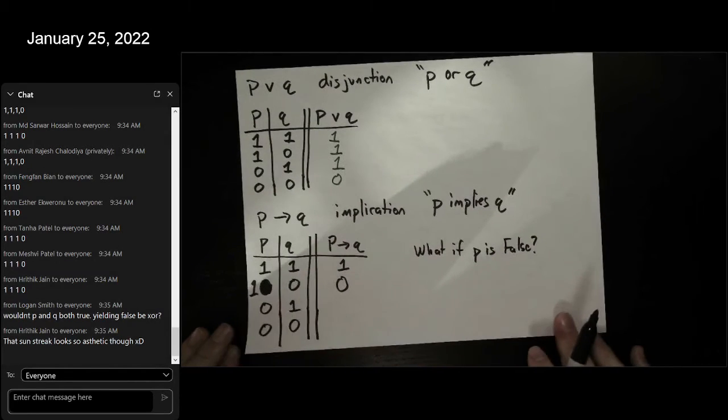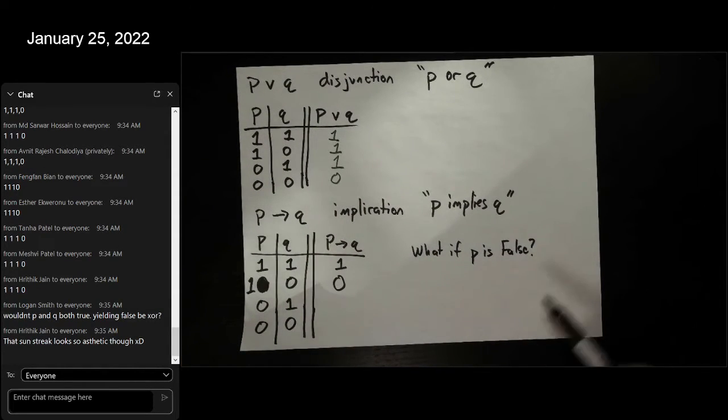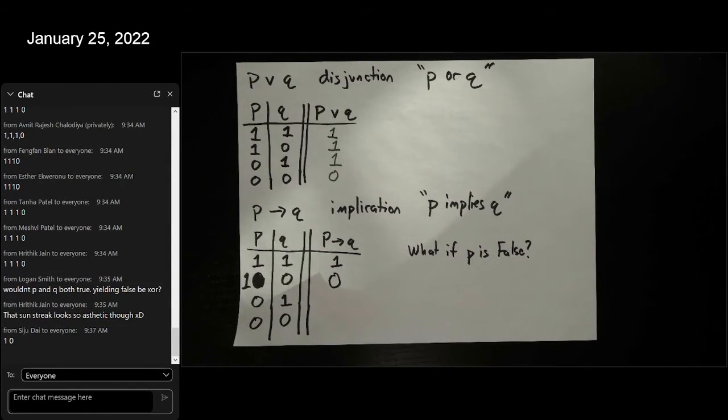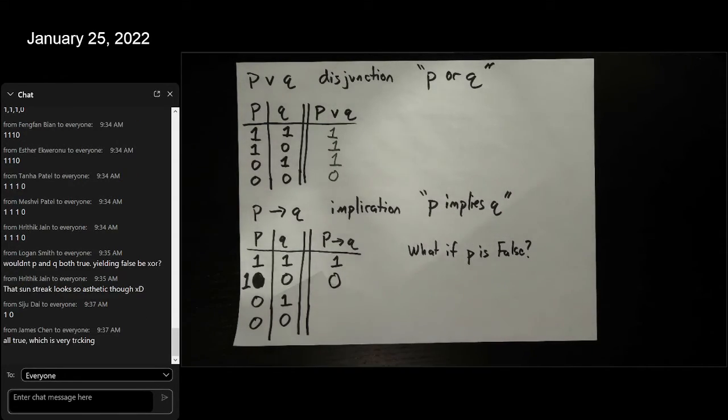The way I want you to think about implication is as a contract. We sign a contract. If I hold up my end of the contract, you have to hold up your end. Imagine your parents say to you, if you get an A in your math class, I'll buy you a car. I think this math class is very important.